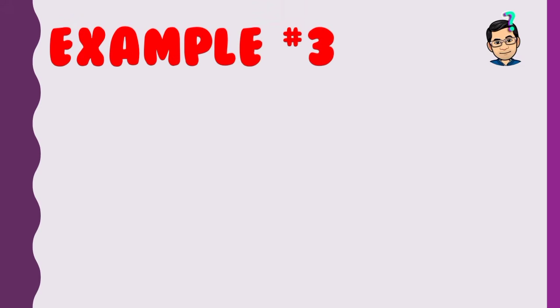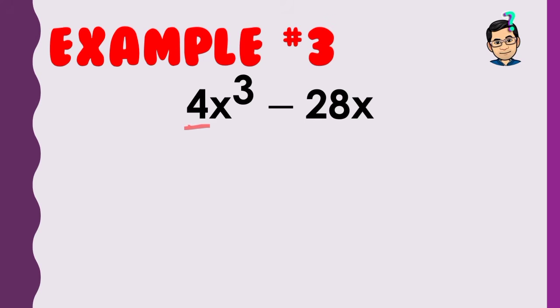Next, for example number 3, we have 4x cubed minus 28x. So, dito, pareho na silang variable x. So, hindi na lang yung numerical coefficient ang may common factor. So, let's start with 4 and 28. What is the greatest common factor of 4 and 28? 4. Correct.